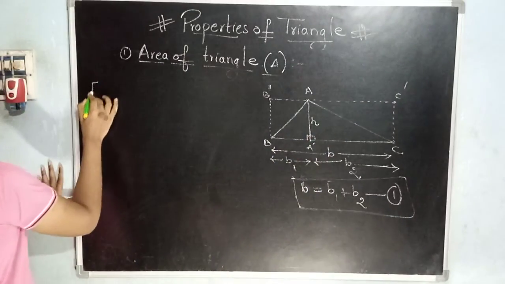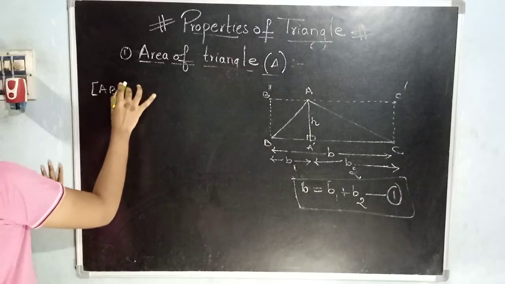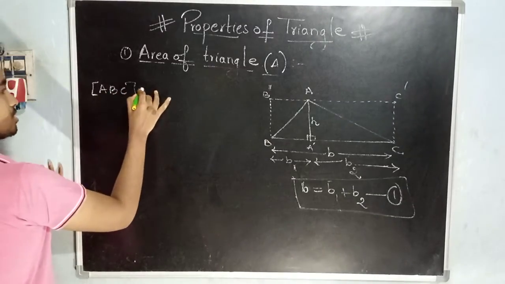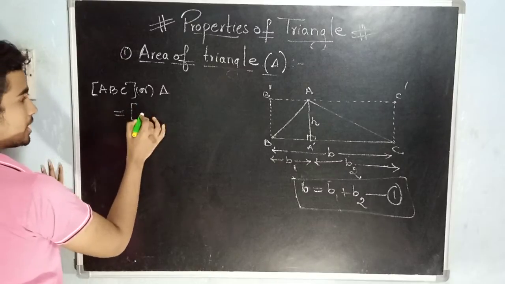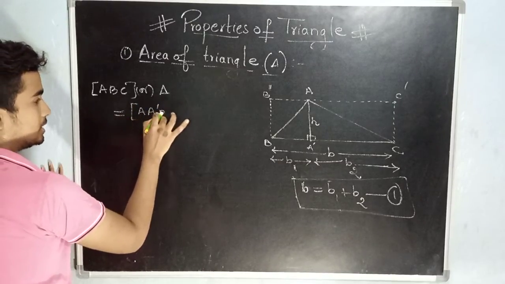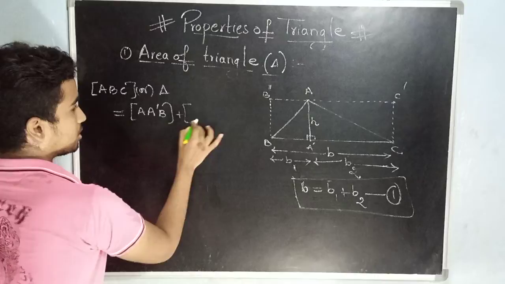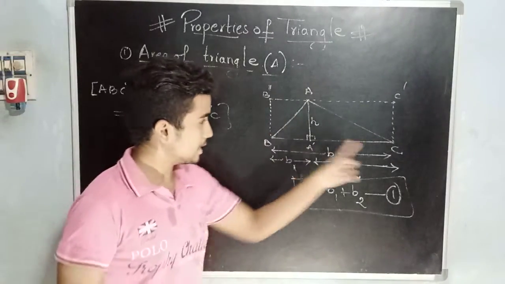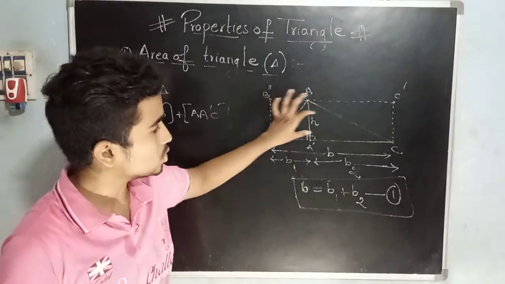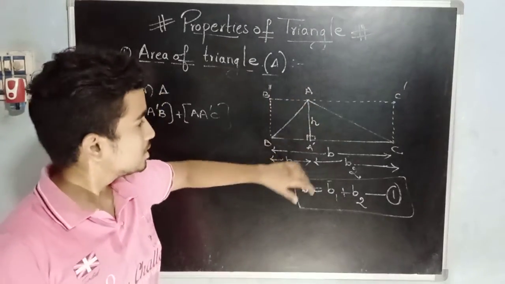So area of triangle ABC, which is also denoted as delta, is going to be area of triangle A dash B plus area of triangle A dash C. Triangle ABC is divided into two parts by this altitude.